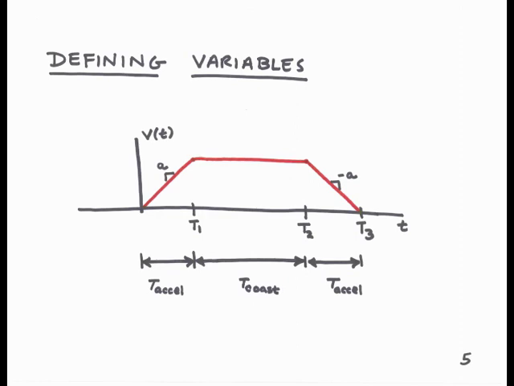We'll now define our timing parameters for the trapezoidal velocity profile. The time between 0 and t1 will be the time of acceleration, which we label txl. The time between t1 and t2 I will label tcoast, since we're moving at constant velocity.